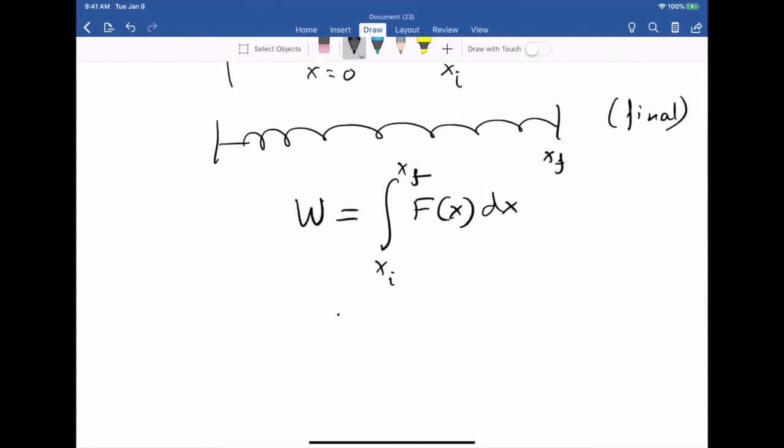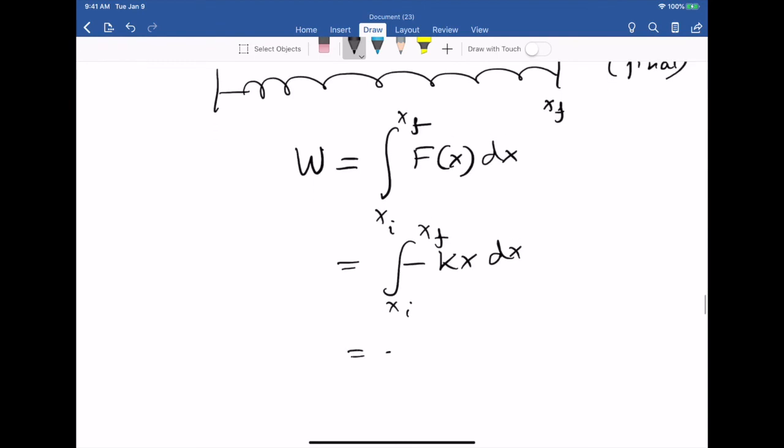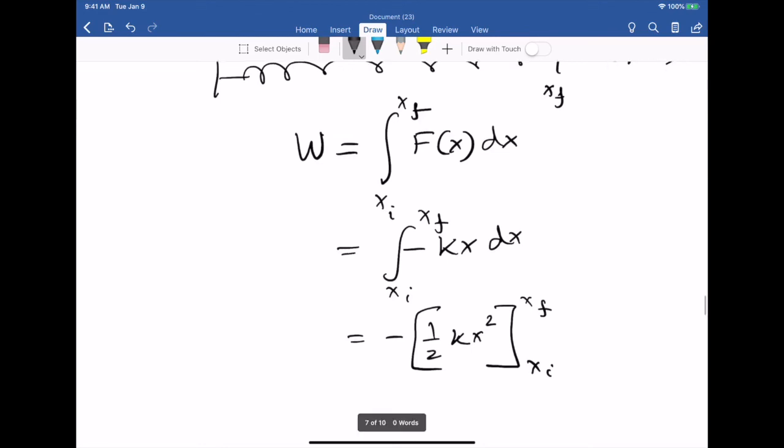And so we had derived this earlier. So we can just plug this in. F is equal to minus kx dx, and you're integrating this from x initial to x final. So that's going to be minus half kx squared, with x initial to x final as the limits that need to be plugged in.